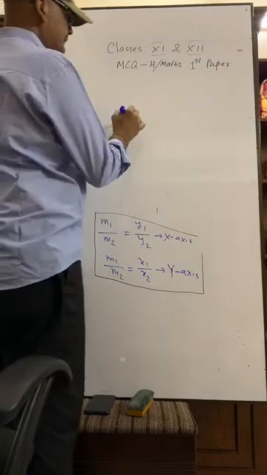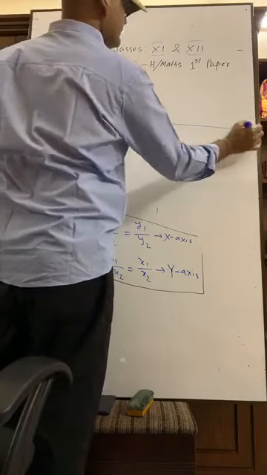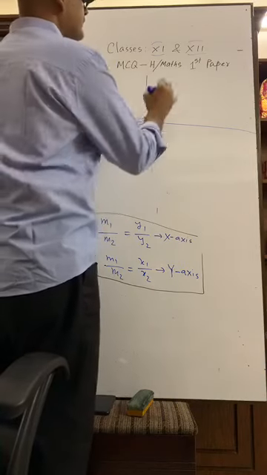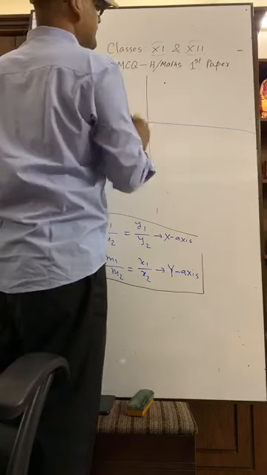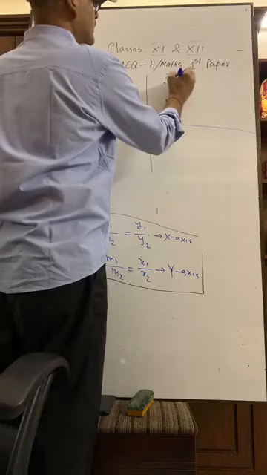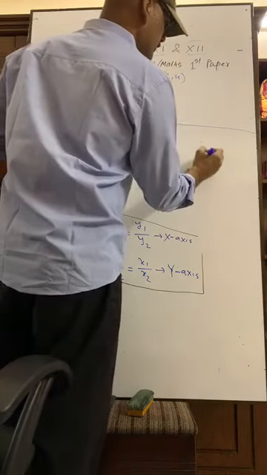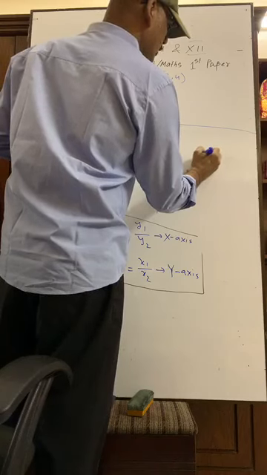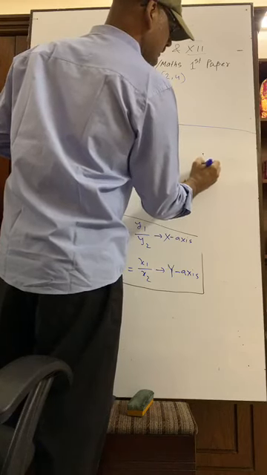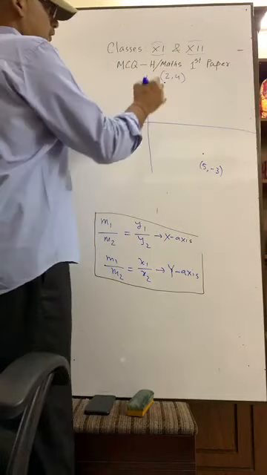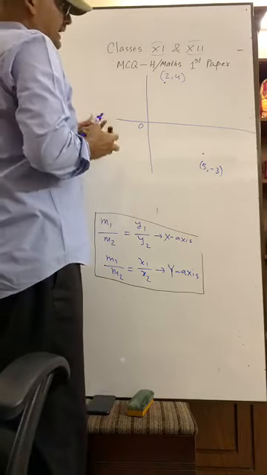Suppose this is O, it is 2, 4, and suppose this is 5, minus 3, and we will find the ratio.